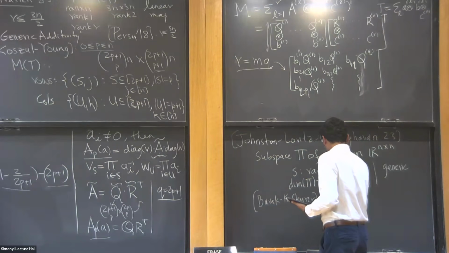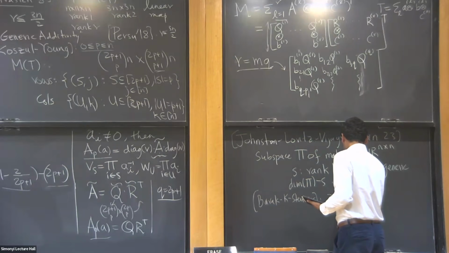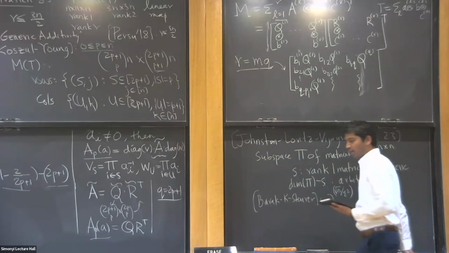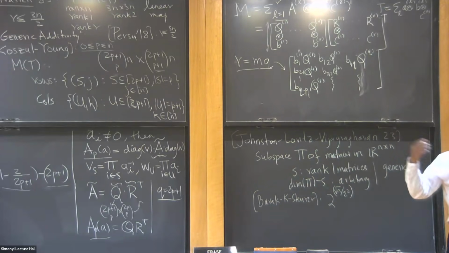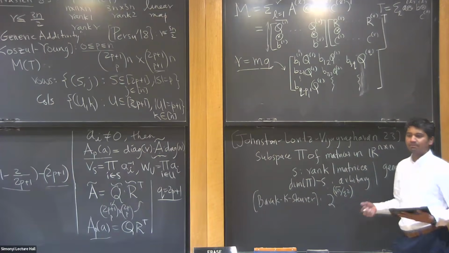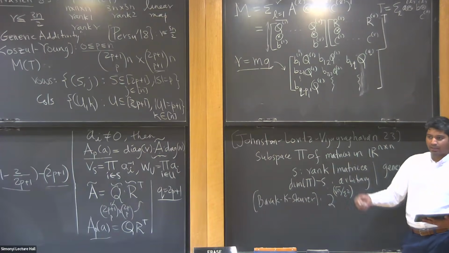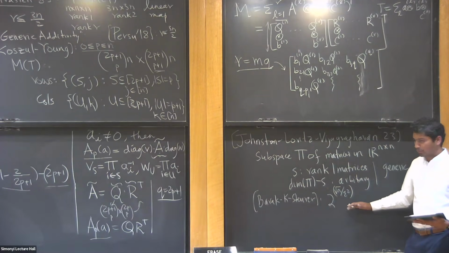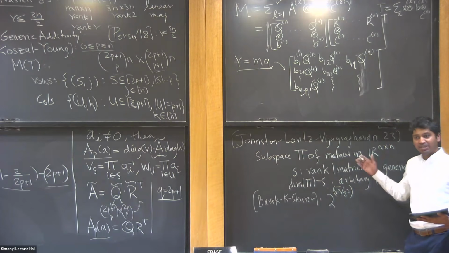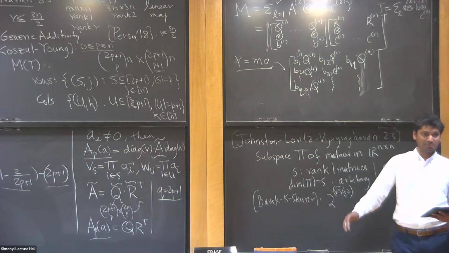There is, in fact, a 2 to the root n algorithm for solving the worst case question, in the sense that I can find a 1 minus epsilon projection rank 1 matrix in the subspace with this algorithm. What they show is that if you have genericity, you can do this in polynomial time.